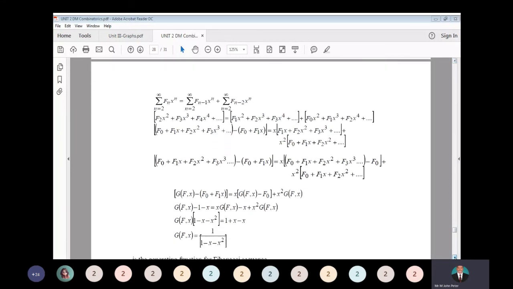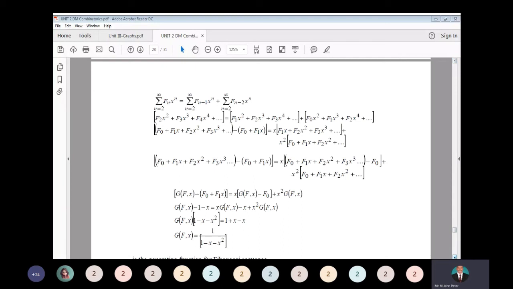Expand it and you will get F2 x square plus F3 x cube, like the previous problem we tried. You will get all three terms expanded first. To write the generating function on the left hand side we need F0 and F1 x, which are missing, so add and subtract them on the left hand side. Similarly on the right hand side, the first term F0 is missing, so add and subtract it.